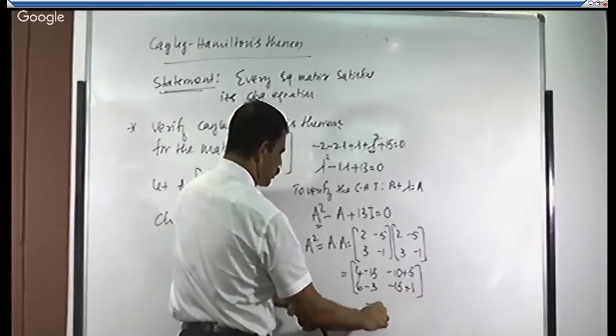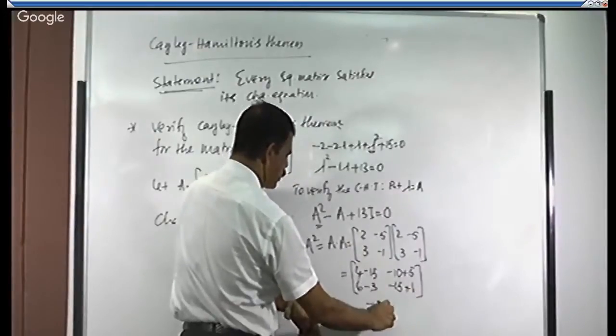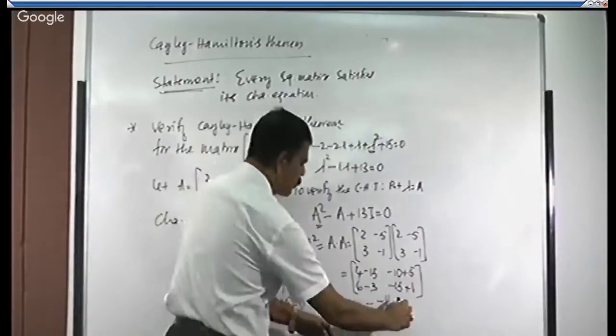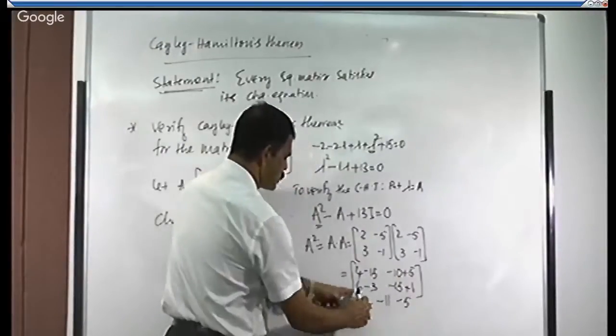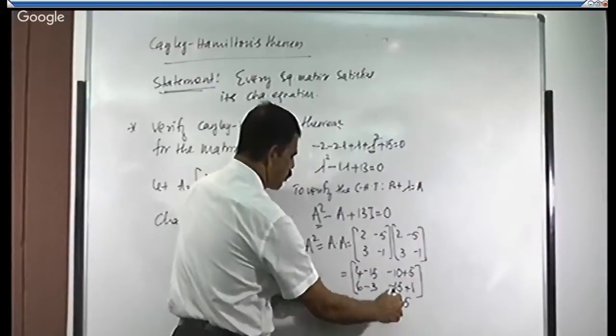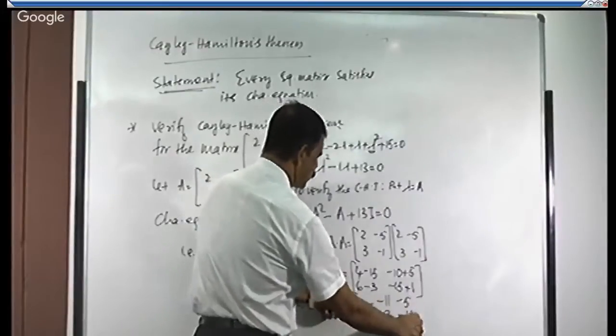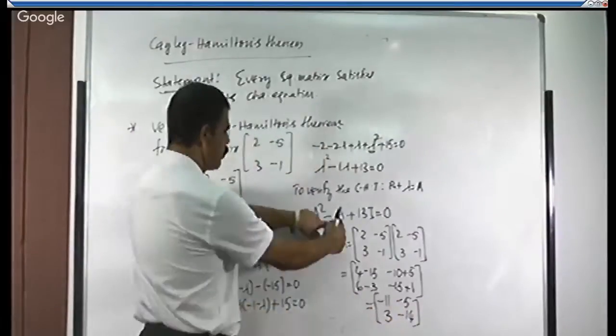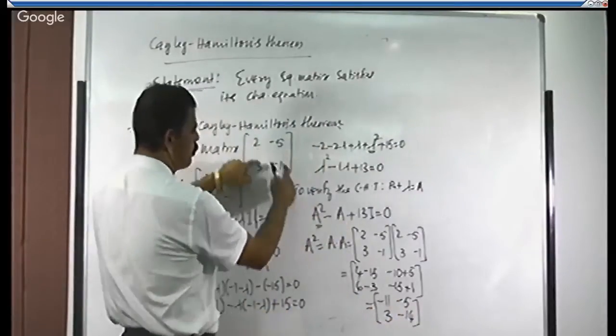Finally, you will get 4 minus 15 is minus 11. Minus 10 plus 5 is minus 5. 6 minus 3, 3. Minus 15 plus 1, it is minus 14. This is a square. Then a, what is a? It is given matrix.